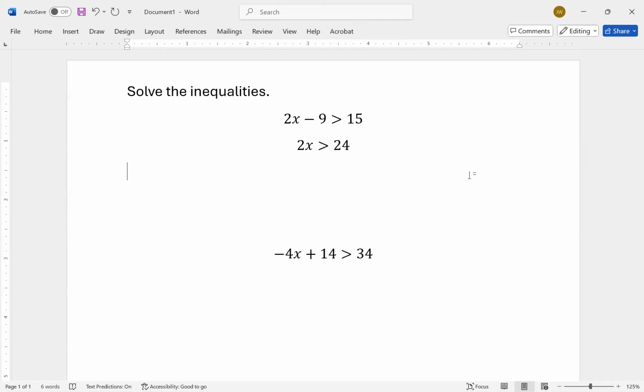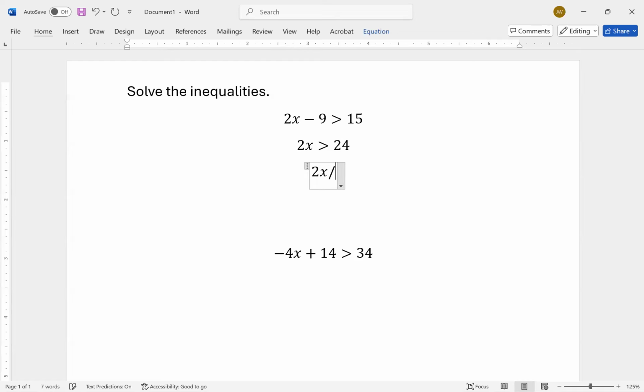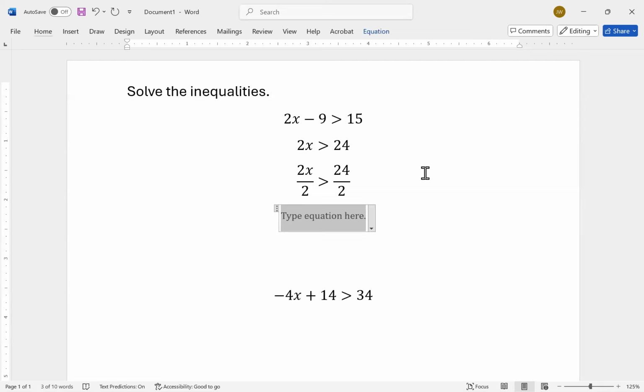Then I would divide both sides by a 2. Now, dividing by a +2 does not change the direction of the sign. I'm going to write that step out just so we have it. But dividing by a positive number does not change the direction of a sign. So my answer is x is greater than 12.